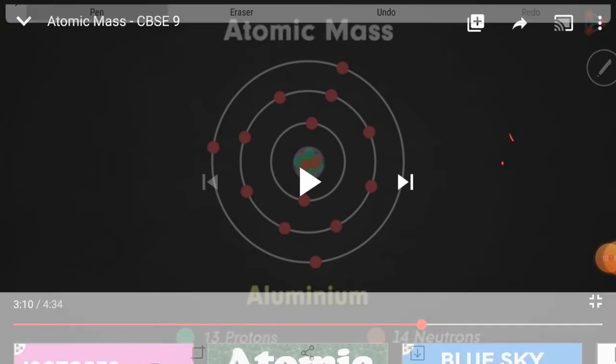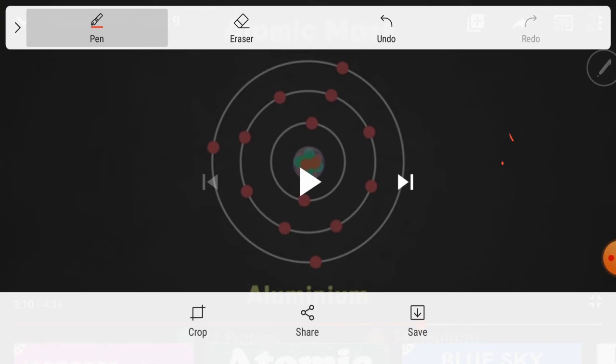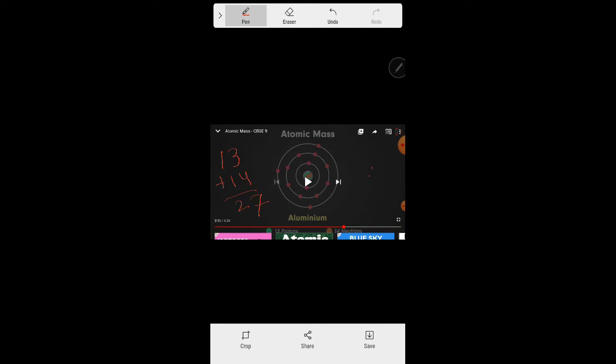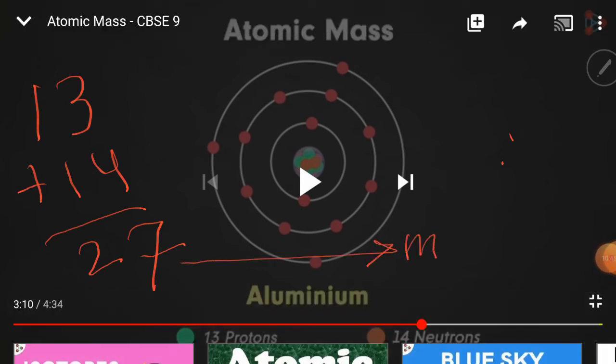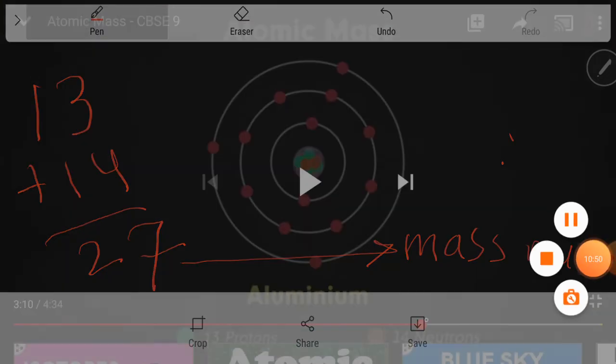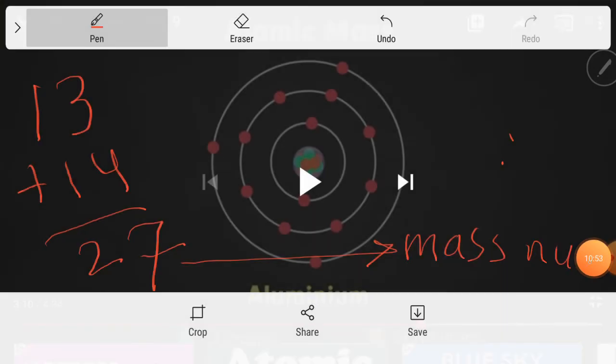We have 13 protons, 13 plus 14, which is equal to 27. This is the mass number.